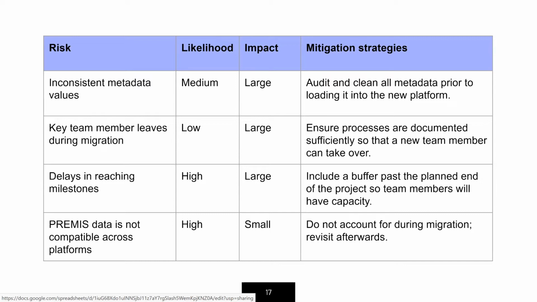The point of this part of the project planning process is so that we are ready. If something happens, we've identified it, and we have a plan for what we do when it happens. Of course, you're never going to recognize or identify or predict all possible project risks.